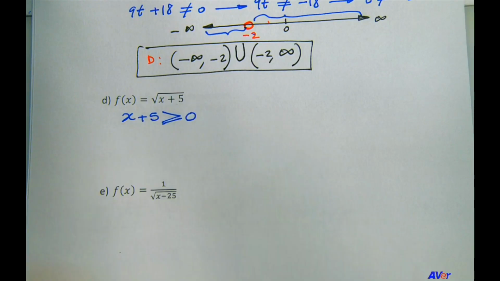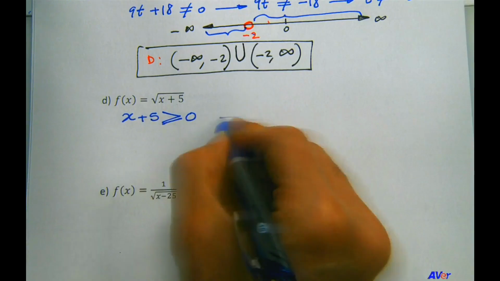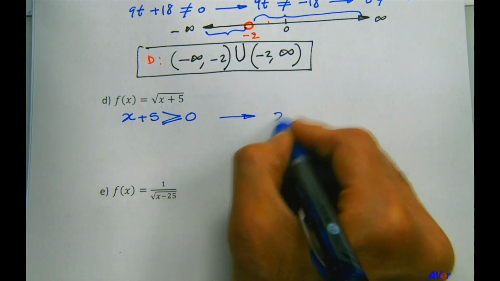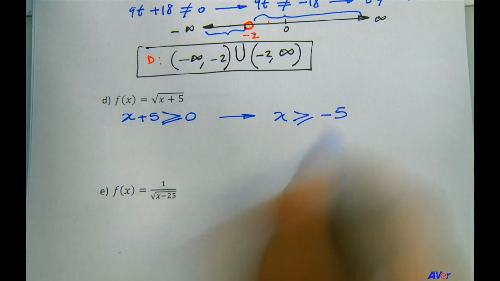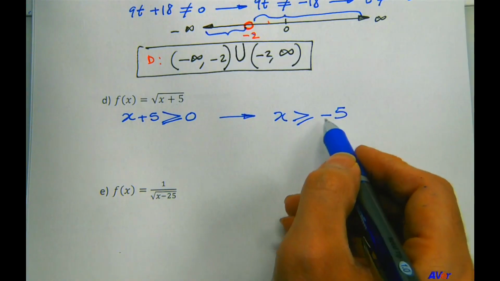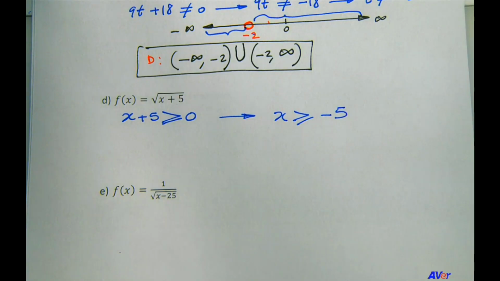So let's solve this inequality for x. So we're going to have x greater than or equal to negative 5.